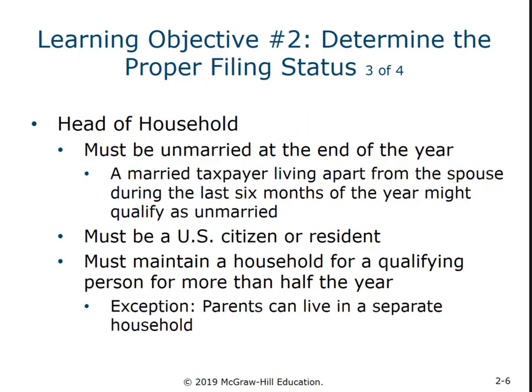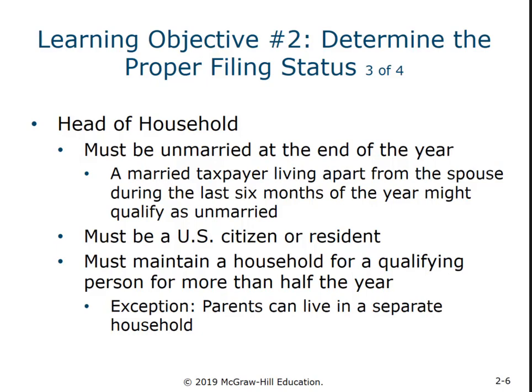Now, head of household, notice, cannot be married. So last day of the year, you have to be divorced or single. However, we put in the tax law what's called the abandoned spouse provision. You've got taxpayers living apart the last 6 months. You could qualify. So the idea was a spouse took off. Technically, you're still married because you can't find them to divorce them.